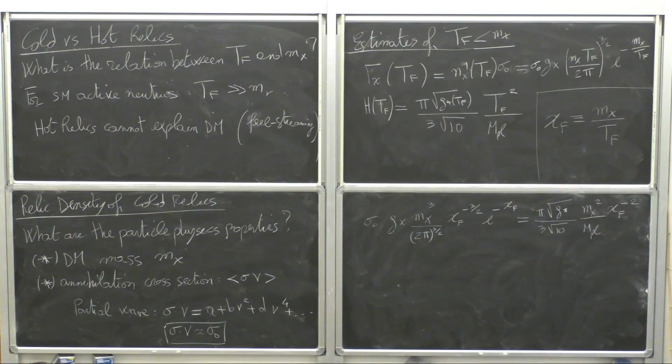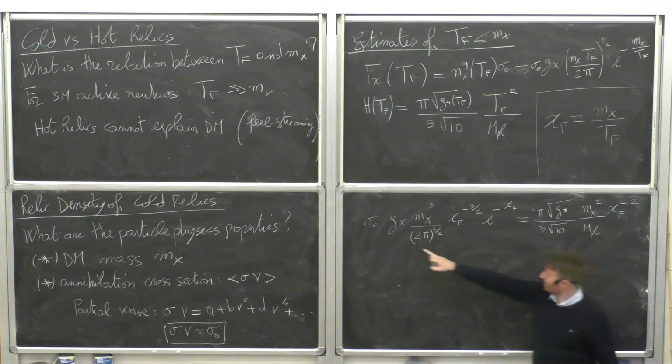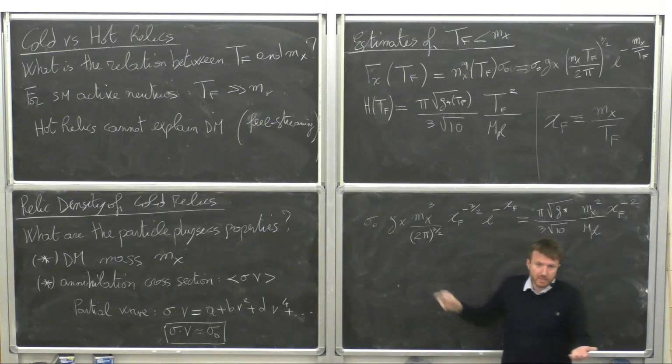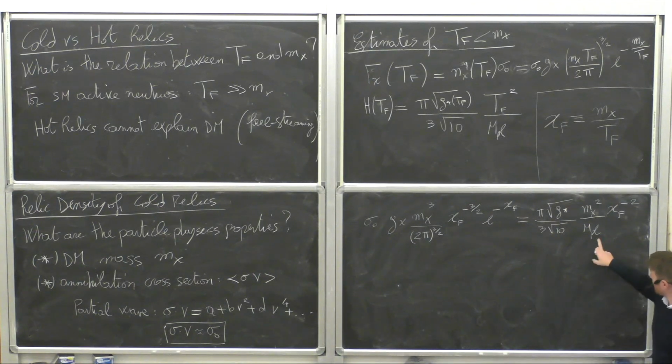And the freeze-out equation can be solved numerically. Imagine you have your model. You have a mass, you have a Lagrangian, you use the Lagrangian to compute the cross-section. If you want, you do the thermal average, but then you can get this number sigma 0. g chi depends on the candidate you have, but you know everything. You know m Planck.